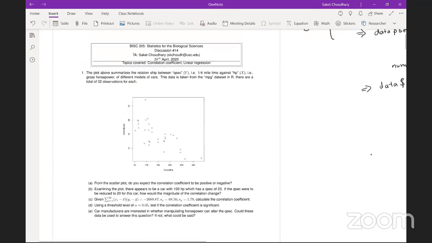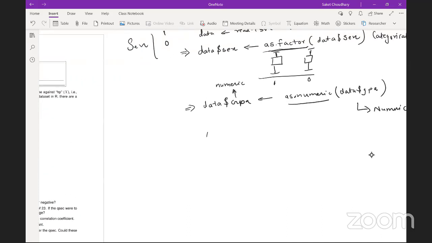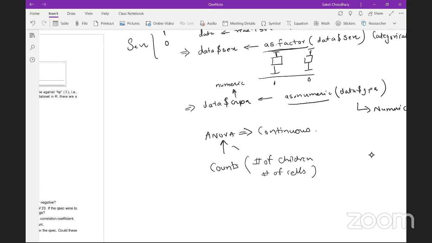The other comment I had was again about ANOVA. ANOVA requires continuous data. If you're working with counts data, let's say number of children or number of cells, then ANOVA is probably not the right choice, because this data is not continuous, it's discrete.